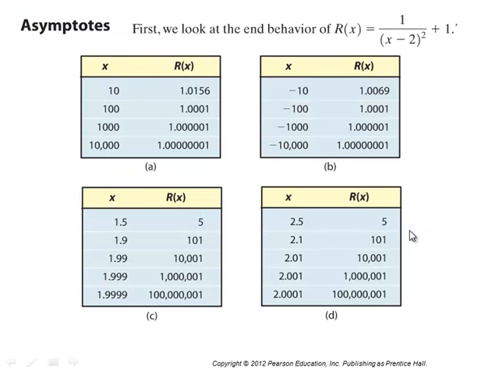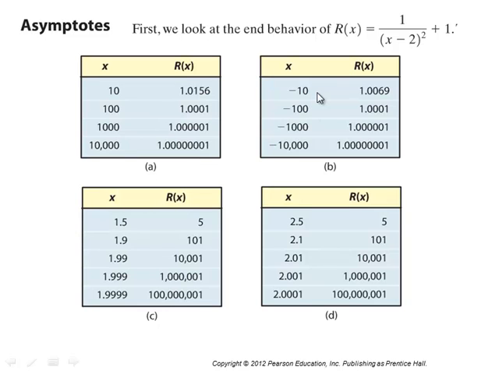So we talked earlier about asymptotes. Here's a closer look at what we were doing. Take a look at this function here, 1 over (x minus 2) squared plus 1. When x becomes larger and larger and larger, you see that the value of the function gets closer and closer to 1.